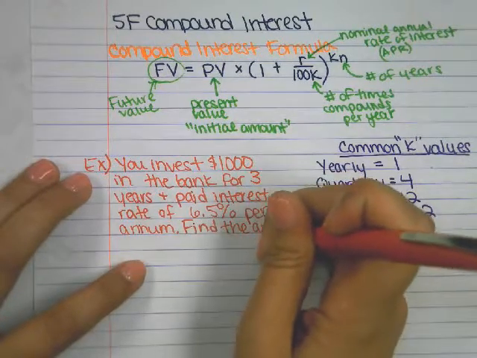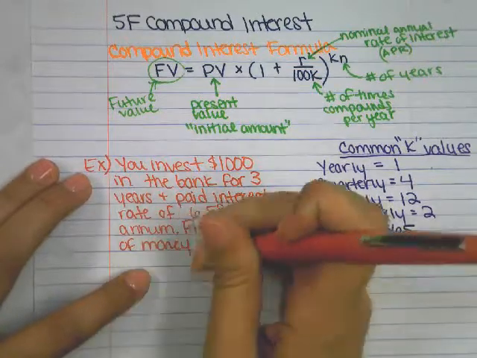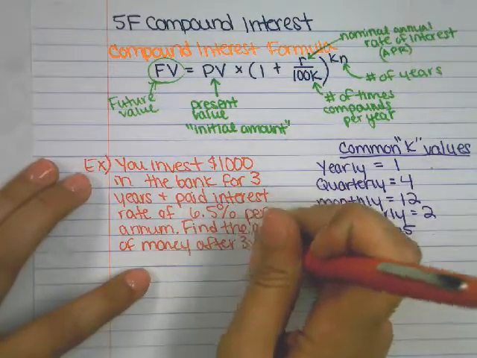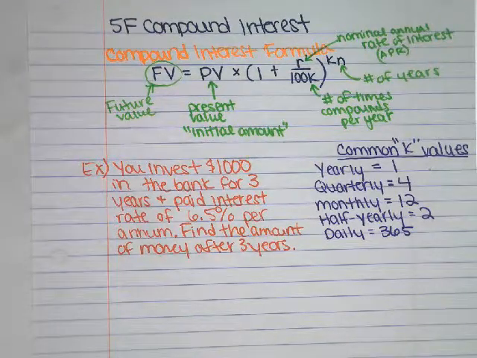Find the amount of money after 3 years. Annum is just going to be another word for annual.